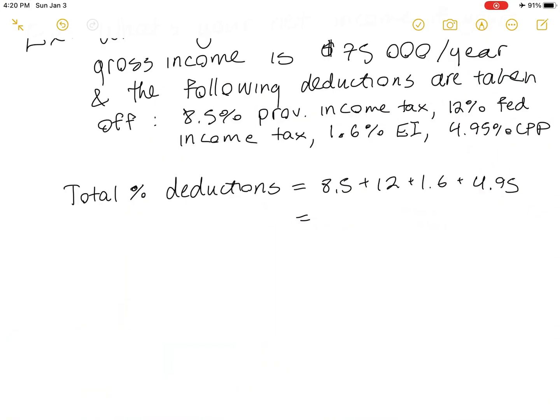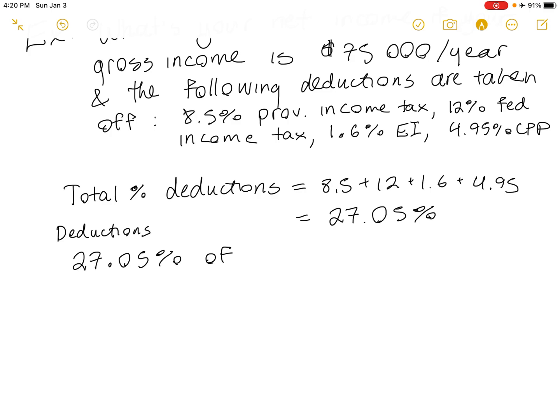That's 27.05%. Okay, so if we want to know what's the actual dollar amount of the deductions, well, the dollar amount of the deductions is going to be 27.05% of the gross income, right? This is going to be your deductions of what's the gross? It's $75,000.